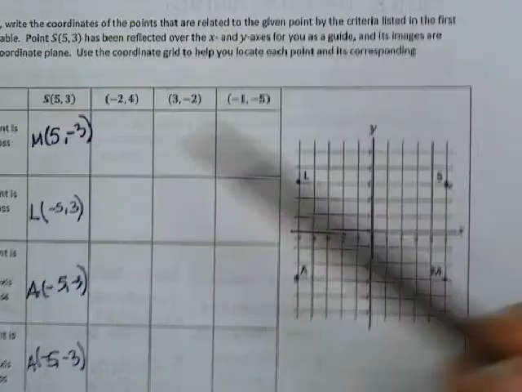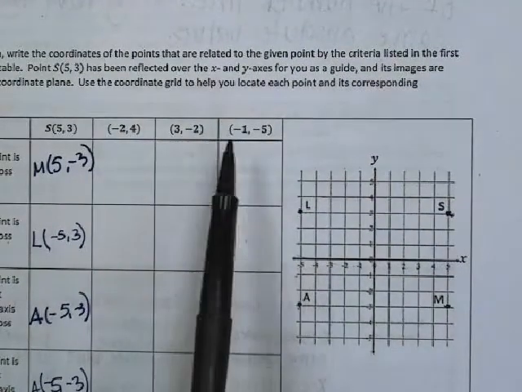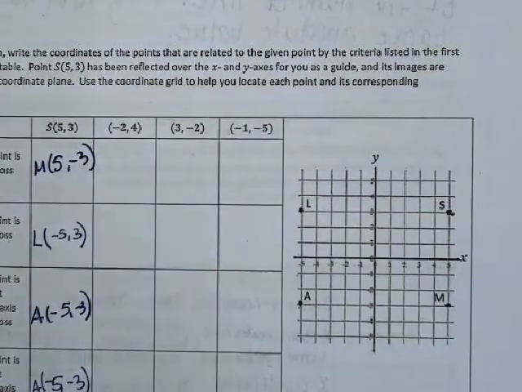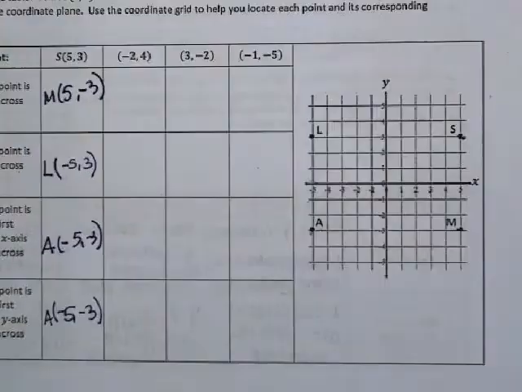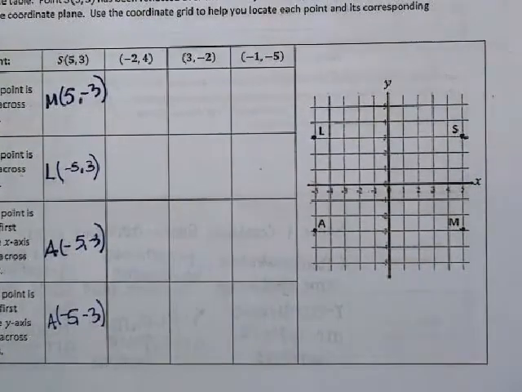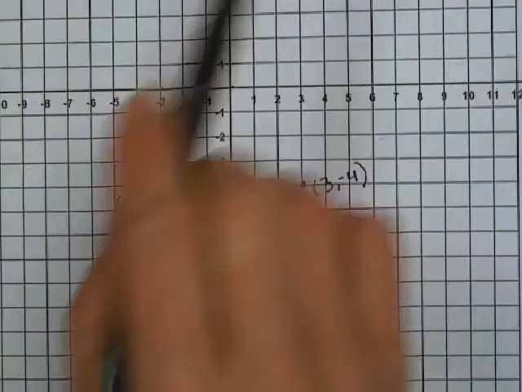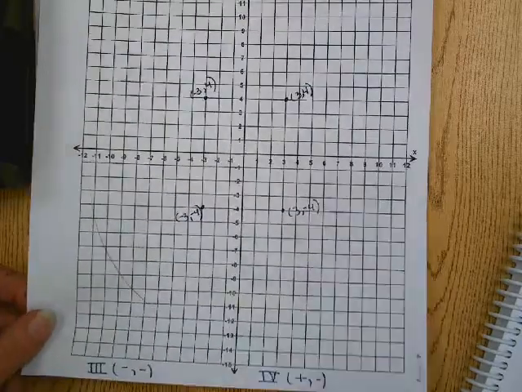For the next given points, negative 2, 4, 3, negative 2, and negative 1, negative 5, you may work these on your own, or you may get a partner. You may also choose to do them on this small grid, or if you would like to do them on the larger coordinate plane that we used for the first activity, you may do that as well.